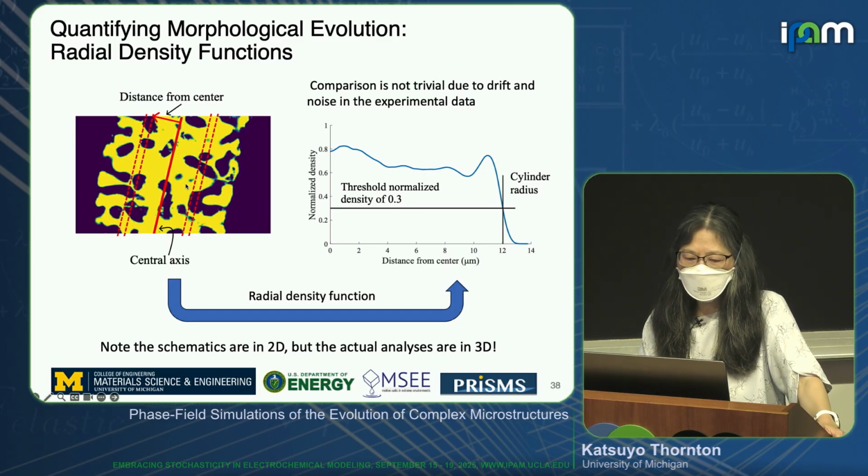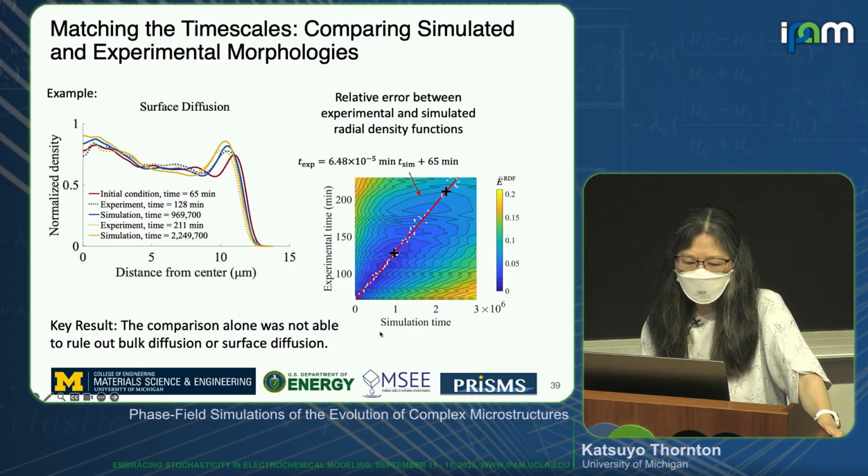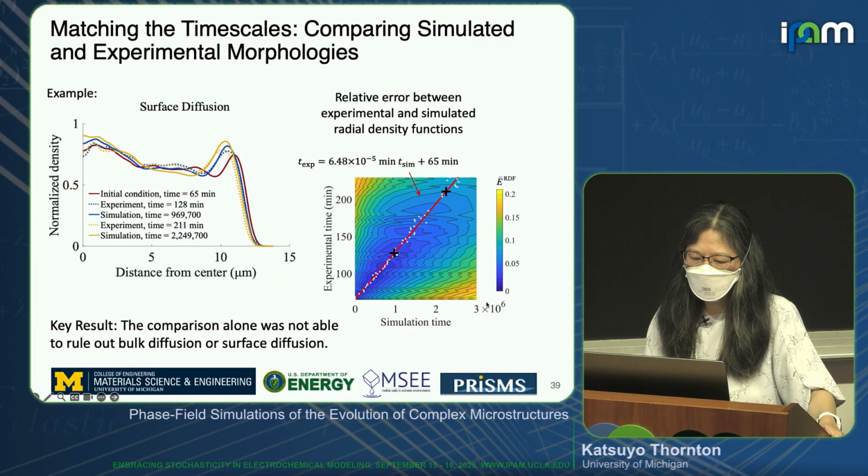And then this schematic is 2D, but it's actually all in 3D. And then we did a comparison of the difference between what's predicted. So the red curve is the initial condition, the blue curve is a prediction for the solid, and the experimental data is dotted. And then we took those differences, we plotted them as a function of simulation time and experimental time, and we find this matching, basically the scaling time between the two.